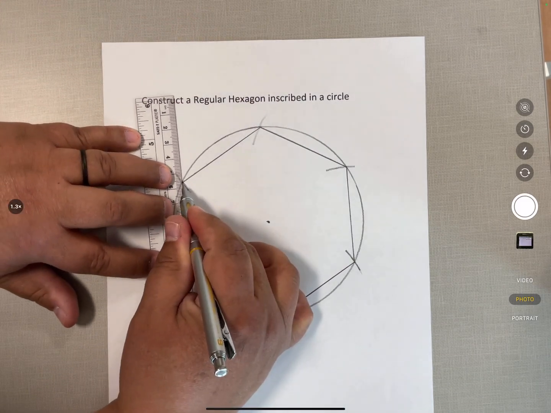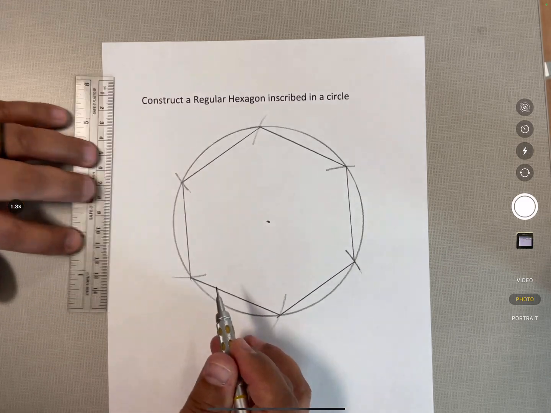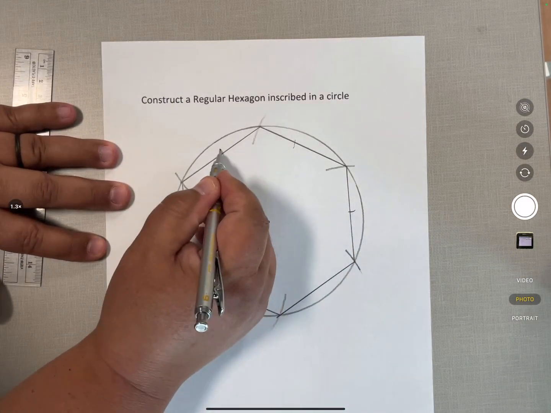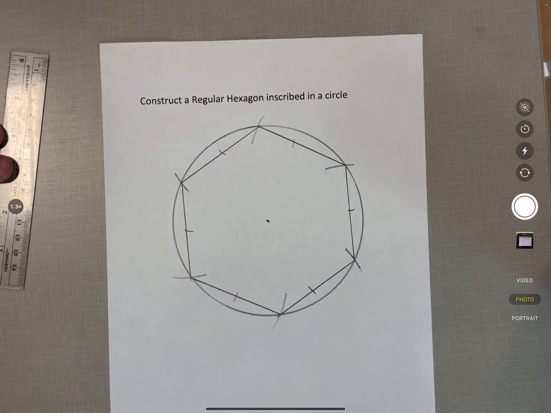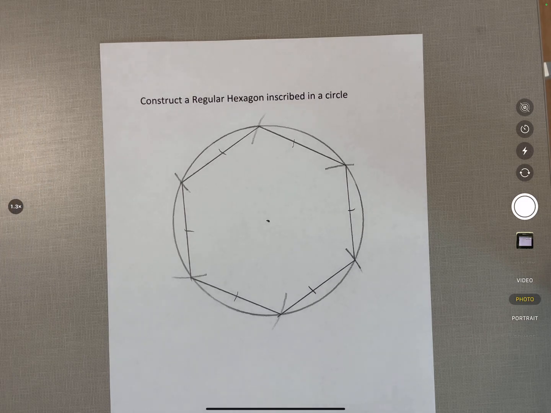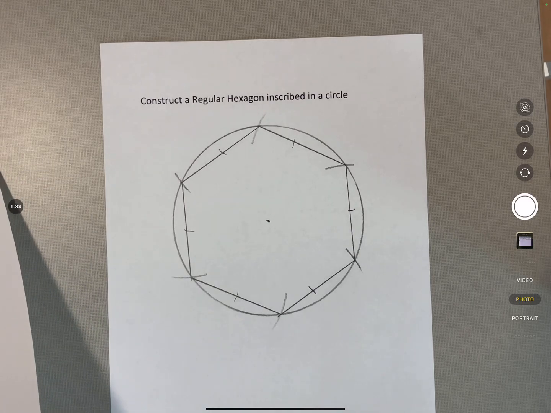So it's quite easy just to use the radius preserved on the compass, mark it all the way around, and we get equidistant lengths all the way around, giving us a regular hexagon inscribed in a circle. Try that on your own. Press play when you are finished.